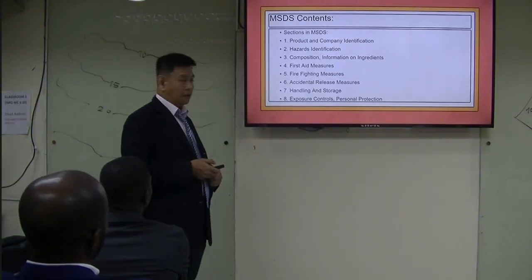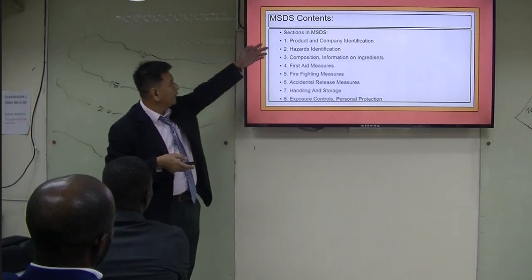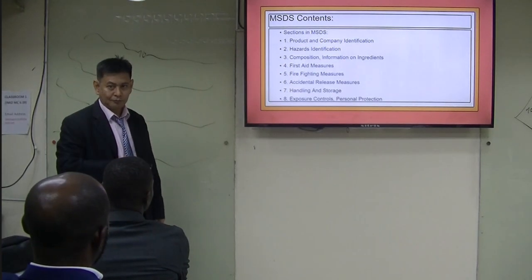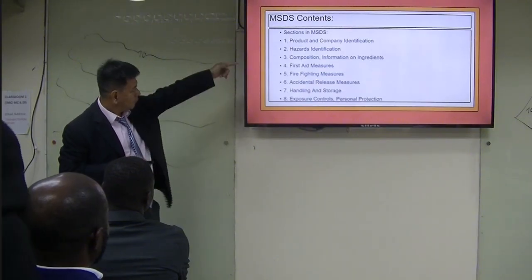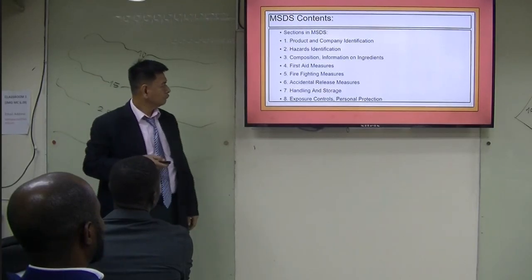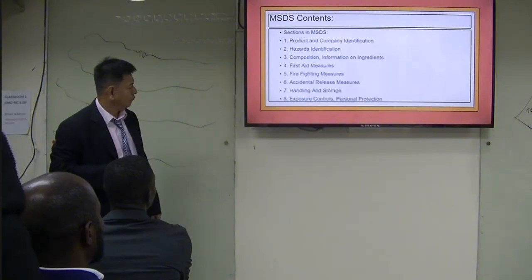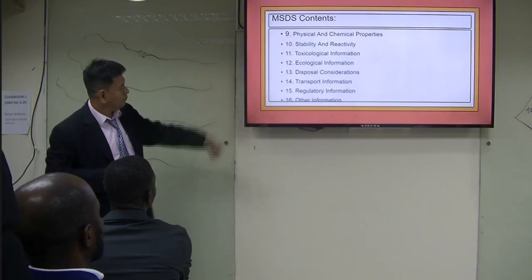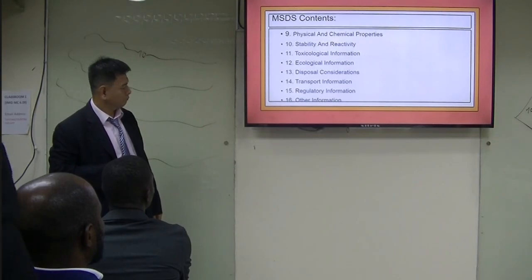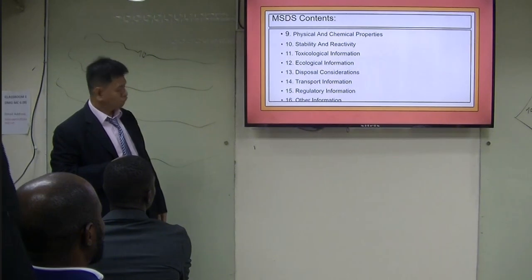Okay, can you read these sections that we have in the MSDS? That 16 sections. Product and company identification, hazards identification, composition information on ingredients, first aid measures, firefighting measures, accidental release measures, handling and storage, exposure controls, physical and chemical properties, stability and reactivity, toxicology information, ecological information, disposal considerations, transport information, regulatory information, and other information.